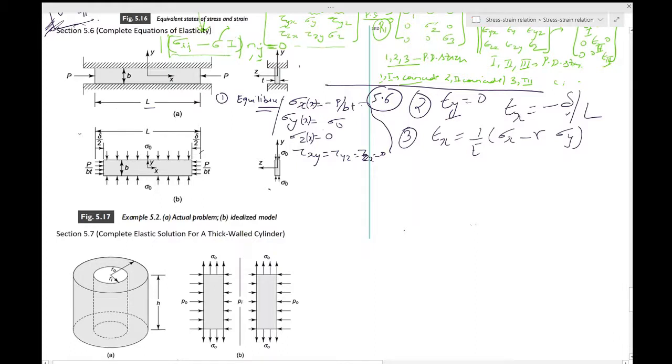And once you solve all this, equilibrium, geometric compatibility, and the stress-strain relationship, you would be able to find that sigma y is equal to nu sigma x is equal to minus nu p by bt, and delta would be equal to (1 minus nu square) pL by E bt.